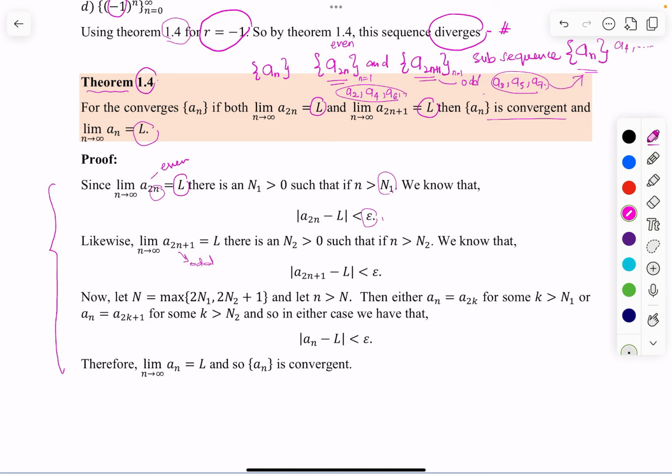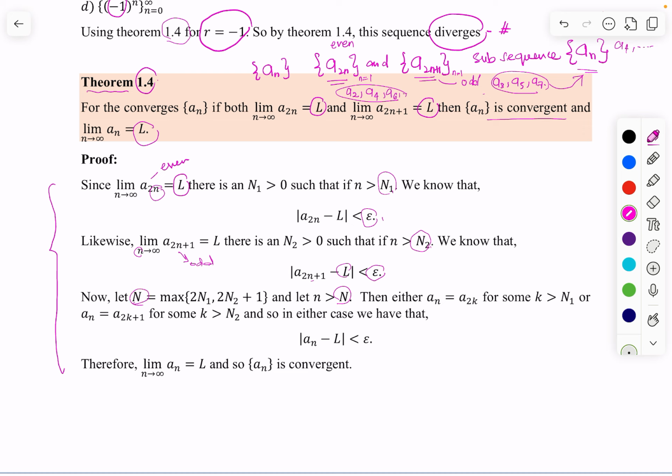There is N2 such that for n greater than N2, the distance between the sequence and the limit is less than epsilon. So the same thing applies. So let N be the natural number, the maximum of 2N1 and 2N2 plus 1, and let n be greater than this N.